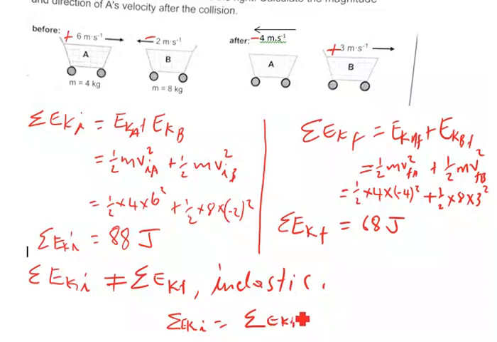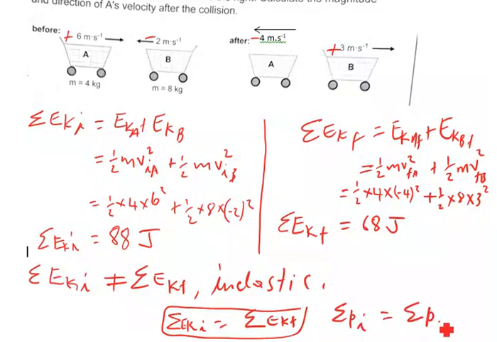So we are going to use this formula. Otherwise, we will always use the sum of the momentum initial is equal to the sum of the momentum final, unless they said the collision is elastic. So in this case, the collision is inelastic because the sum of the EK initial is not equal to the sum of the EK final.